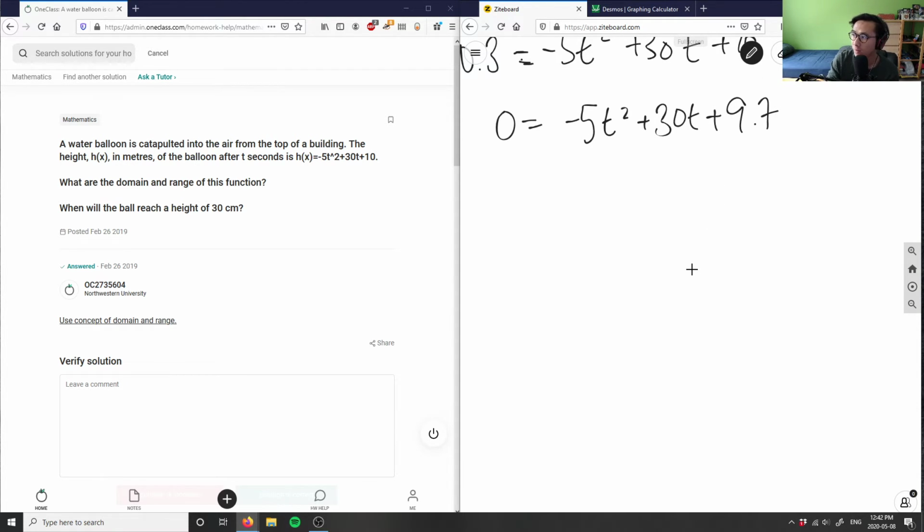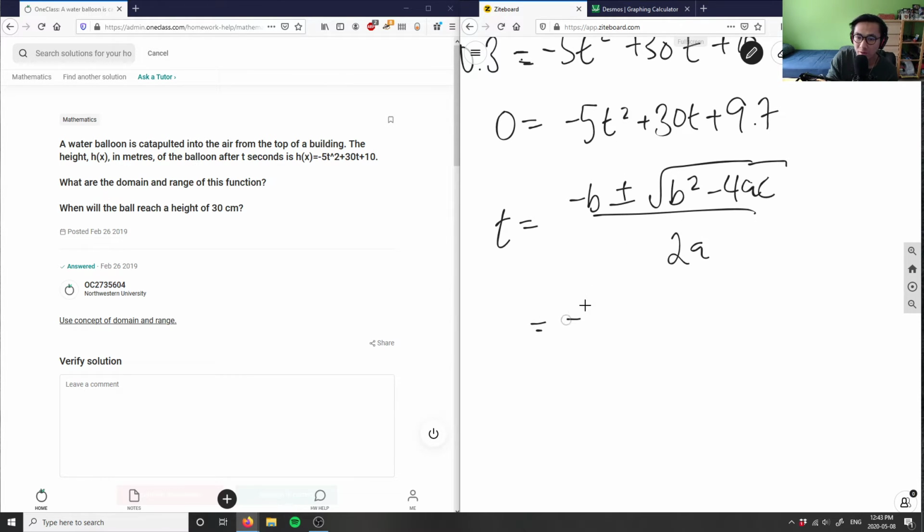For the sake of time, I'm going to show you what the answer is, but you can write down t equals -b plus or minus the square root of b squared minus 4ac, all over 2a. Negative b here is -30, plus or minus b squared here is 900, minus 4 times -5 times 9.7.